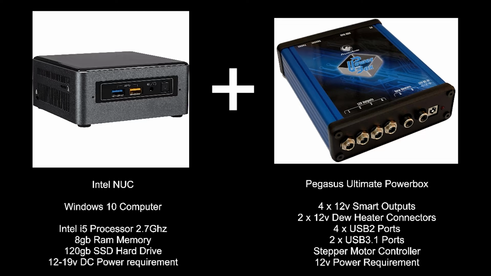Now these use a much more standard 5.5 connector, which is good. We've got a couple of dew heaters. It's one less than the Primaluce, but we only actually need 2, or I only ever really use 2. There's our power input there. It's also got 4 USB 2 ports and 2 USB 3.1 ports.